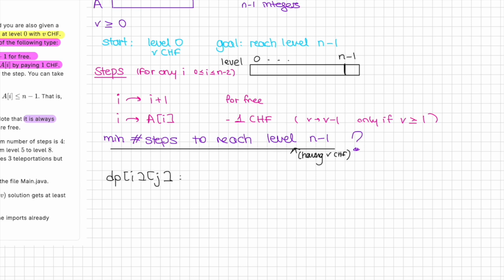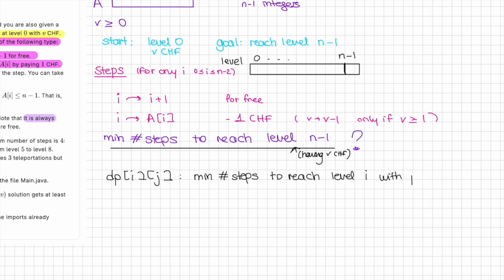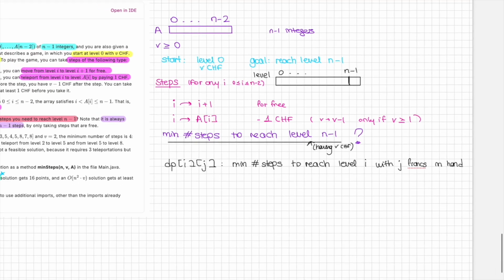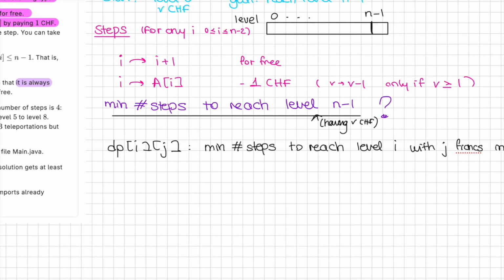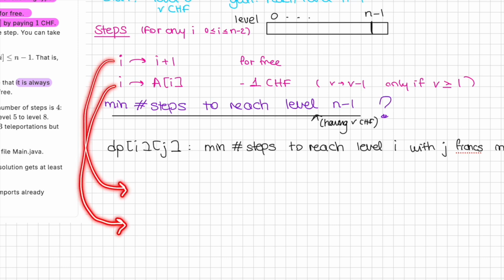So dp[i][j] would be the minimum number of steps to reach level i with j francs in hand. Now that you have the definition, basically the only thing that you have to do is to write this as an expression where we calculate our DP entry.